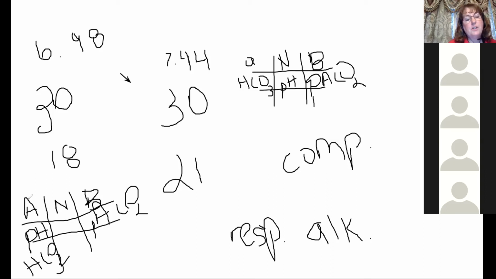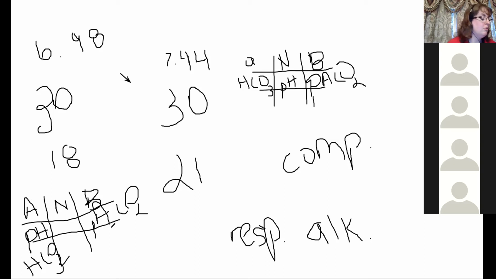Okay, so we have a tic-tac-toe here, right? You're going to look here and see what you have. You have a metabolic problem because it's HCO3. So it's metabolic acidosis. And then you're going to look over here to see what this is doing to figure out if you have compensation or not.